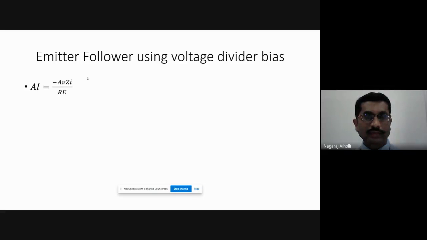That is the main difference between voltage divider bias and the emitter follower with voltage divider bias. Then further, we obtained the performance parameters, that is input impedance, output impedance, voltage gain, and the current gain equations for the emitter follower with voltage divider bias. All the equations are the same as that of the basic emitter follower circuit, except instead of RB, we have to replace that by R1 parallel R2.